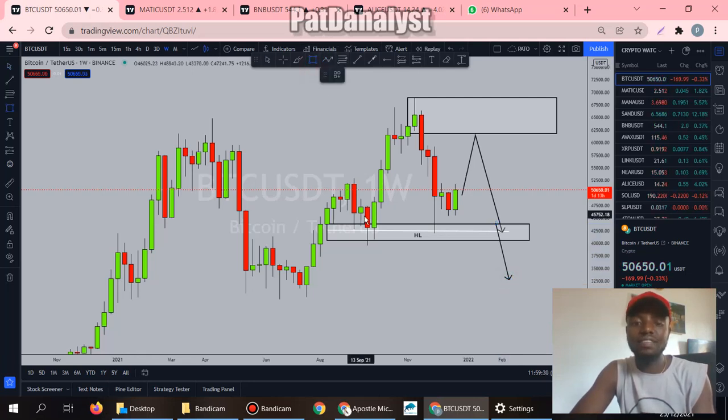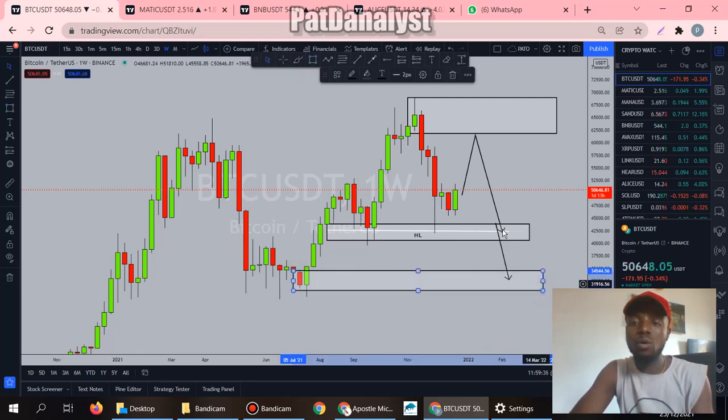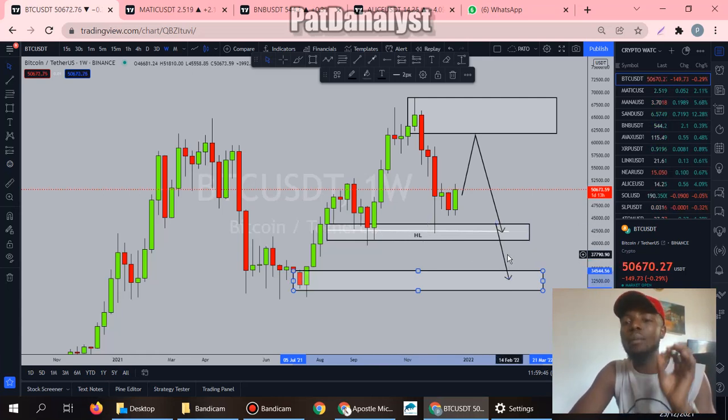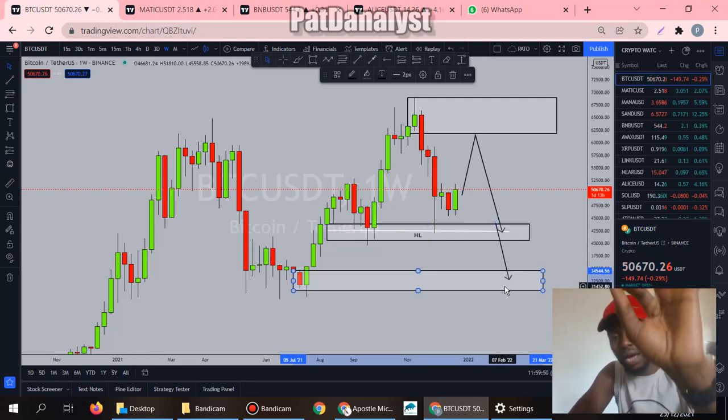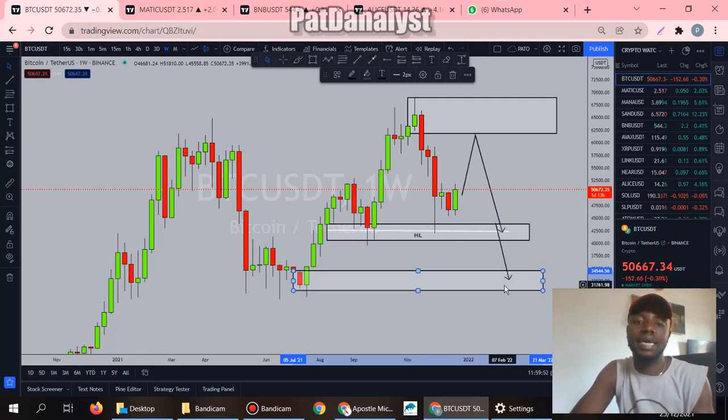Because also, the same way this demand zone was created here, this demand zone was created too. So the market will want to come and test this demand zone also. But the market understands that if it tests this demand zone and rests there, it means that the trend has changed, like I said. So for it to maintain that trend and not change, it has to just come down and blast back up with a wick.